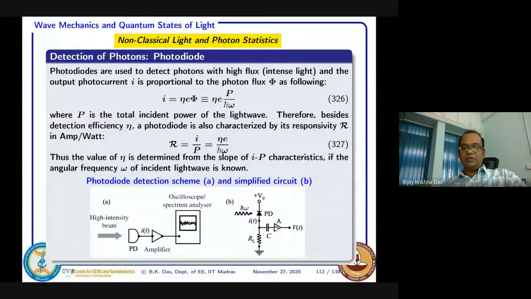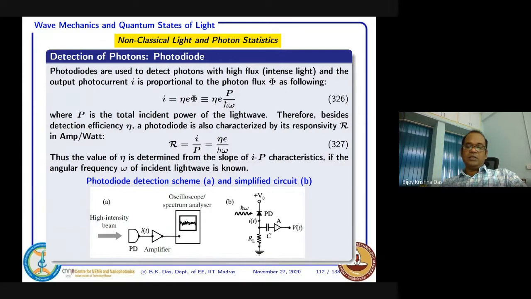But when I try to see the voltage across this RL, with a capacitor and maybe some amplifier you put here, then the capacitor will block the DC part, and only the AC part will be seen by the amplifier. Then after amplification, you will see the AC component here.